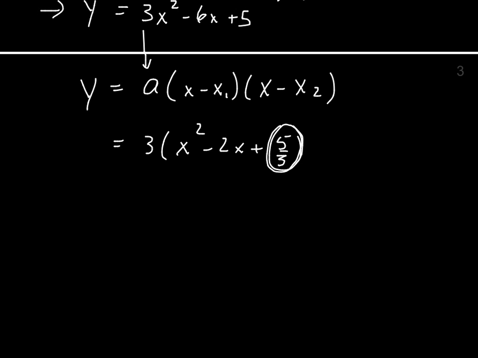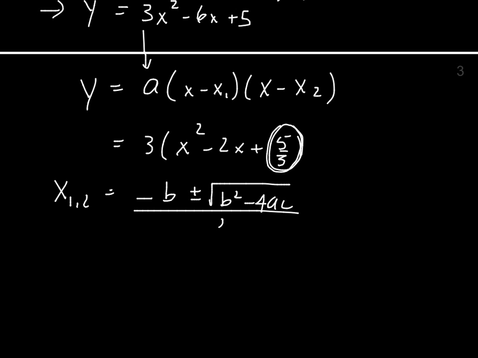Now let me remind you what the quadratic equation looks like. It tells you that the zeros, which are x1 and x2, equal minus b plus or minus the square root of b squared minus 4ac, all divided by 2a. So my a is here, my b is here, and my c is here.